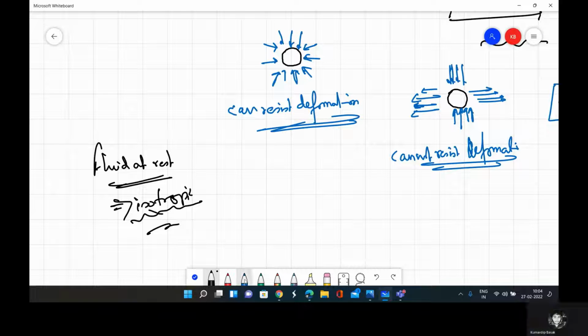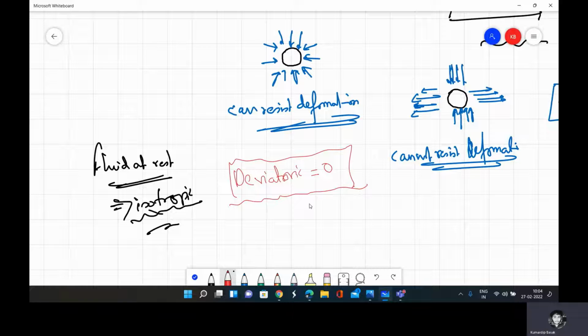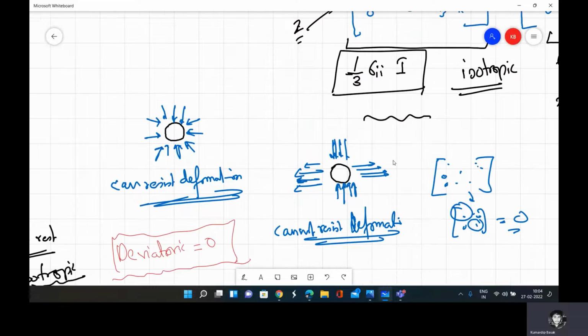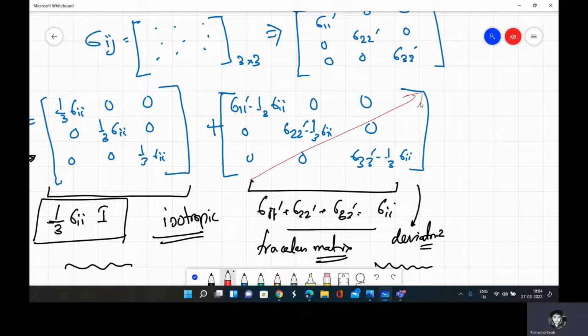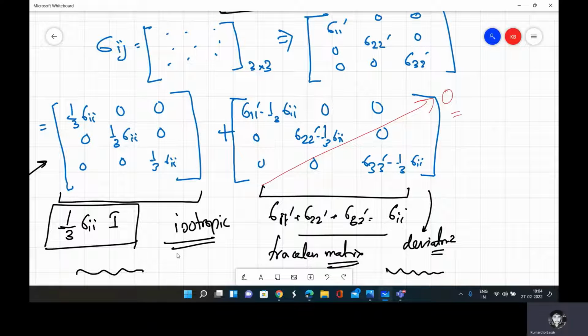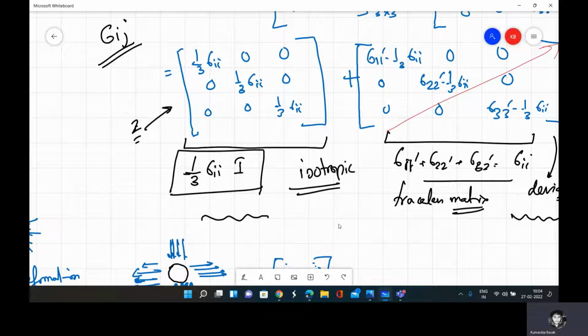For the fluid element to remain at rest, the deviatoric part must be equal to 0. There should not be any deviatoric part, or it will again start deforming. So from the sigma ij construction, we can tell that this deviatoric part is simply 0 and sigma ij is purely isotropic.